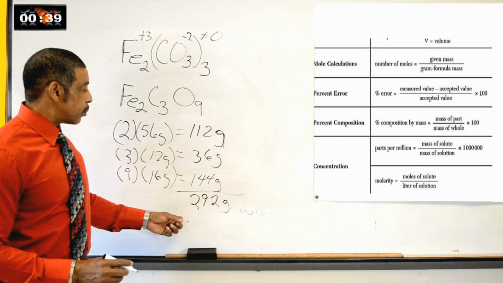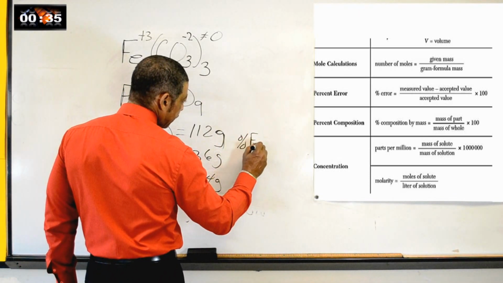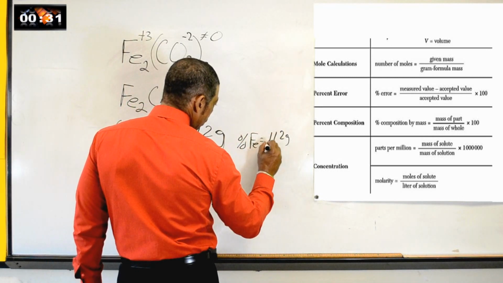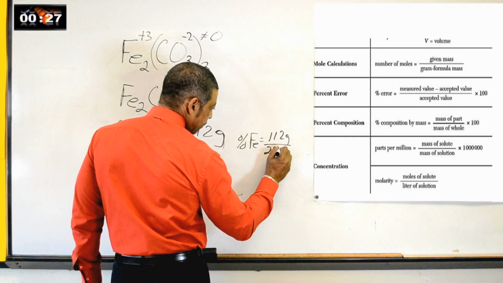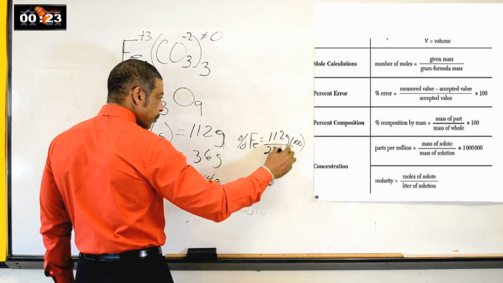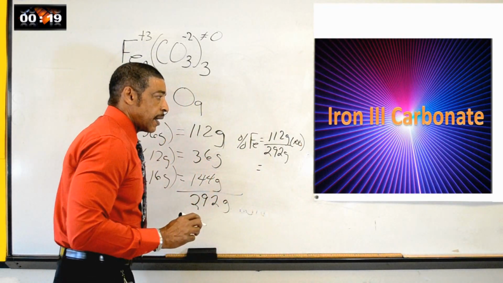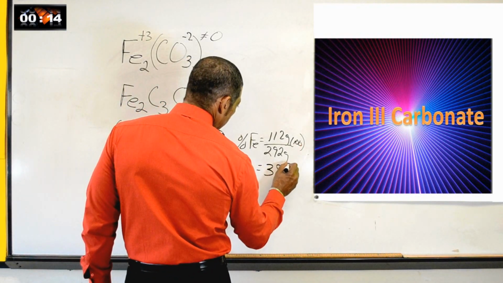Now, the part, which will be percent iron, will be 112 grams over the total, 292 grams, times 100. Remember, this will be the numerical setup for determining the percentage of iron, and the calculated result will be 38%.